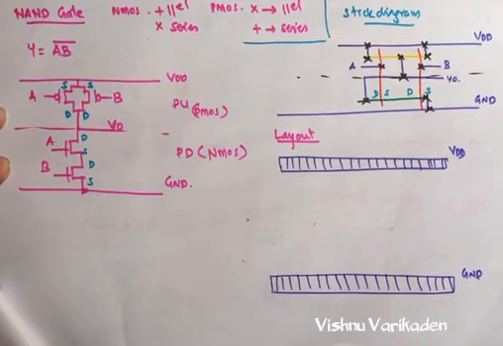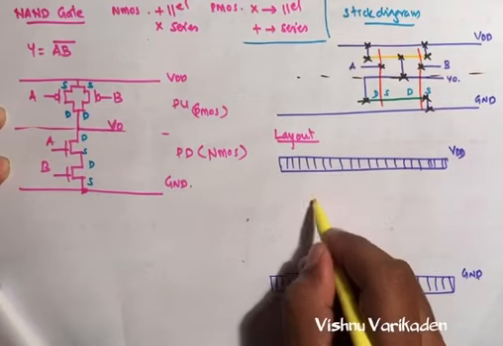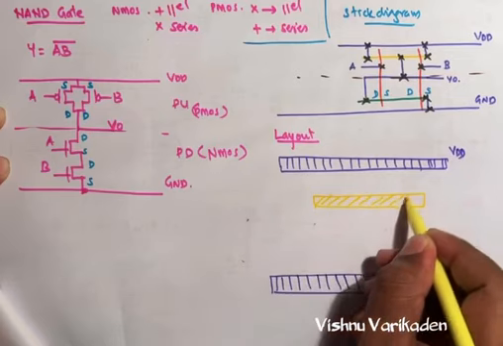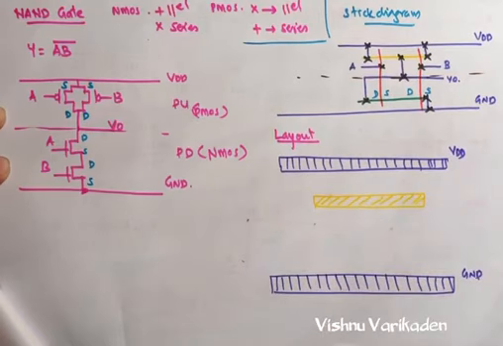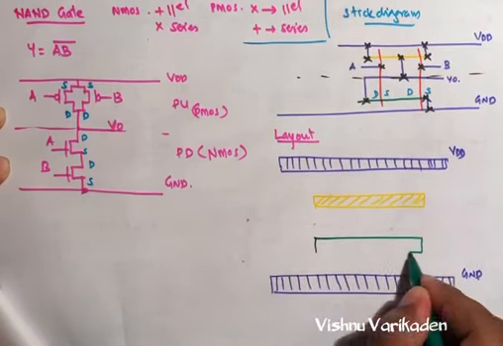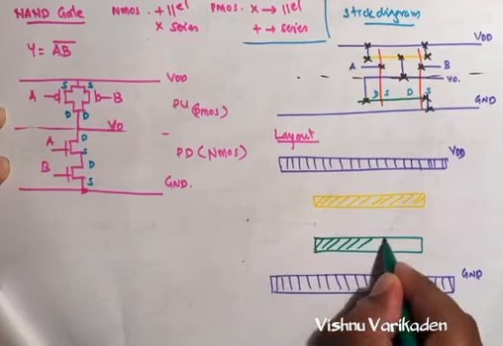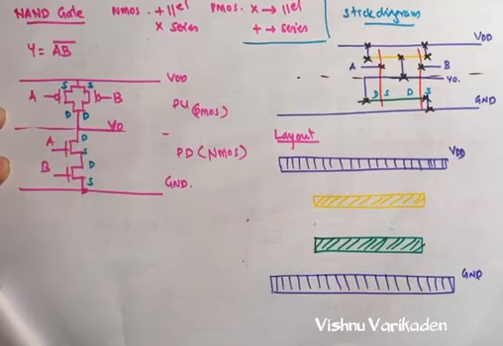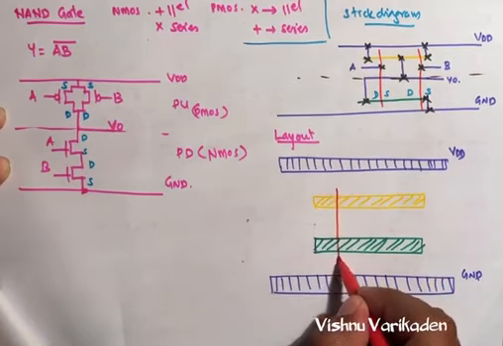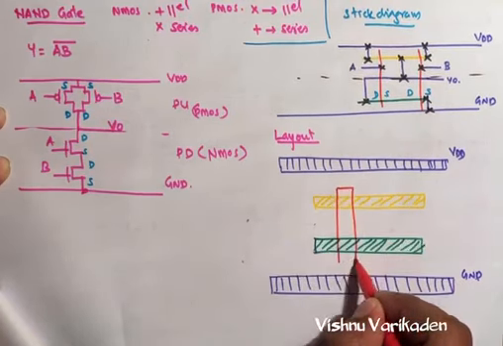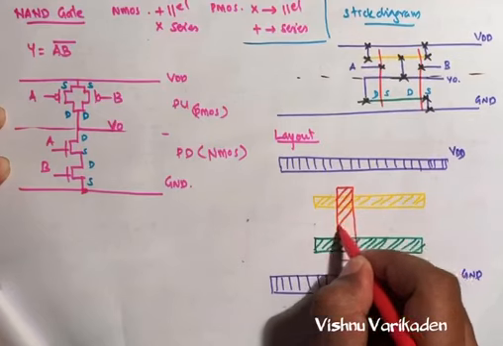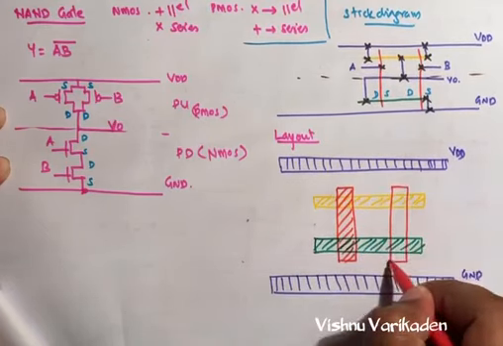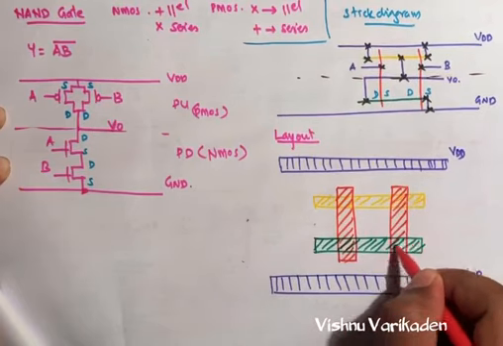So now we can make the P diffusion and N diffusion. So now we can make the polysilicon. So our polysilicon, another polysilicon.